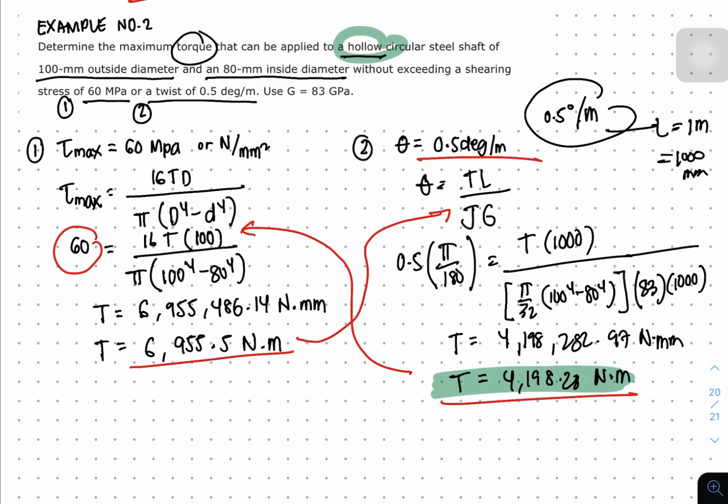However, if we solve for the forces or the torque or the moment, we need to use the smaller value. So our final answer here is: the maximum torque for this hollow circular steel shaft is 4,198.28 Newton meter.